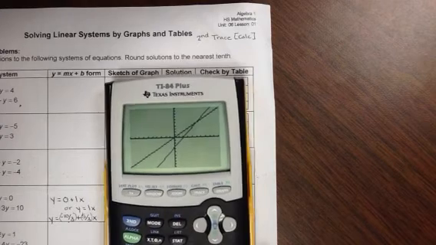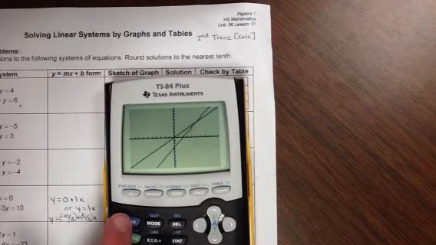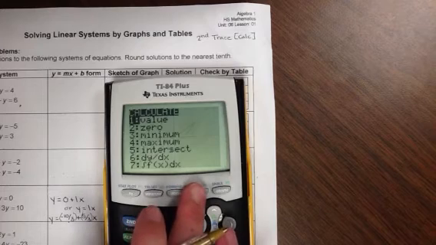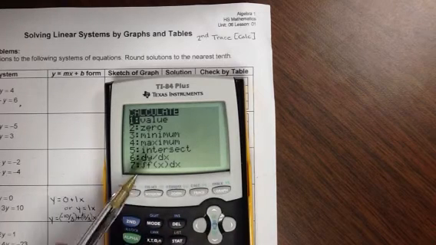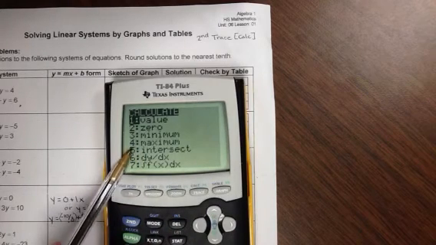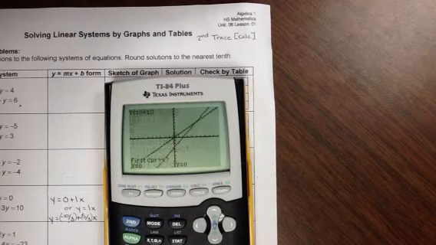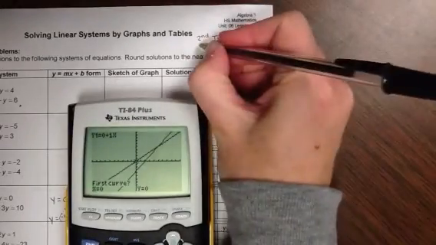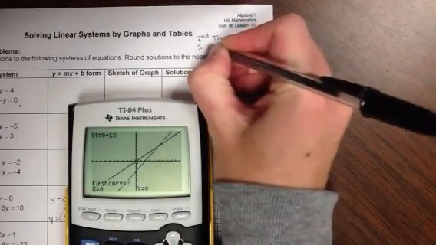So again, we're going to do second, which is the blue button, and then we're going to go to trace. Now remember, to solve, we're looking for the intersection. So we're going to go down here to where it says 5. You can either hit 5 or scroll down. And then notice it says first curve. 5, we want the intersection.